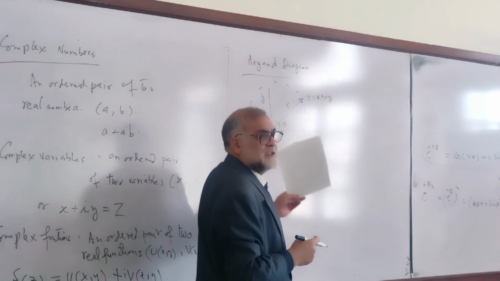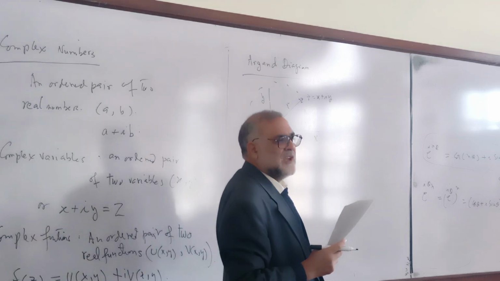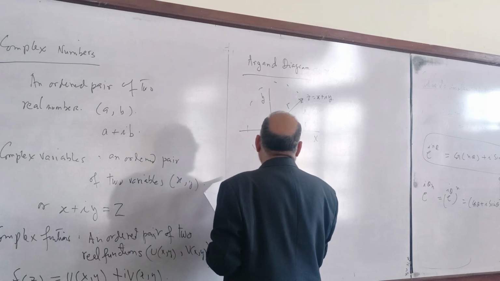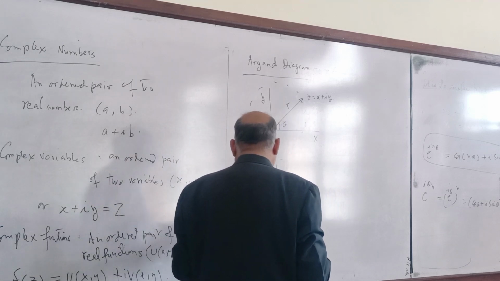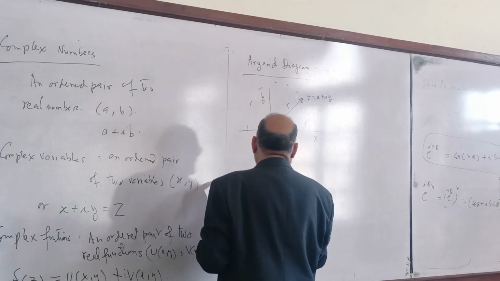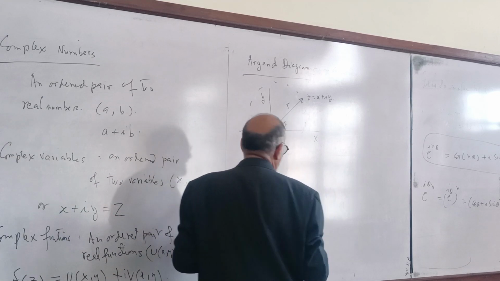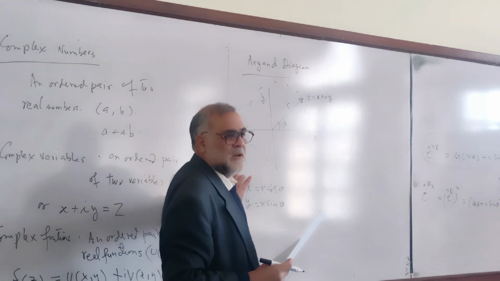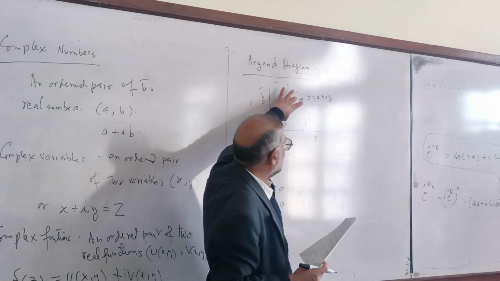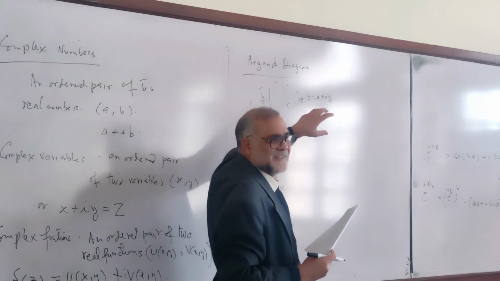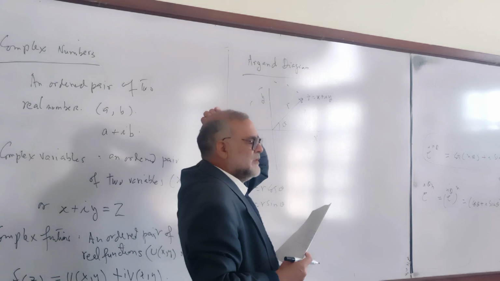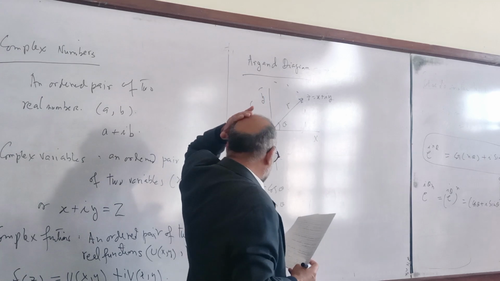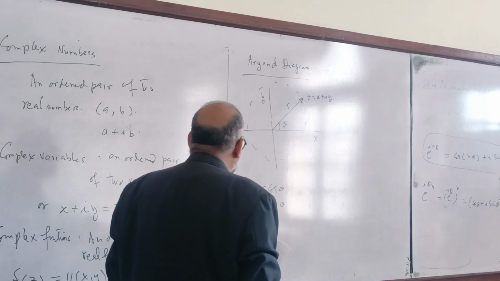If we resolve this according to vector laws, x is equal to r cosine theta and y is equal to r sine theta, representing the real and imaginary parts. This is called the radius, and this is called the angle. It is also related to polar coordinates.